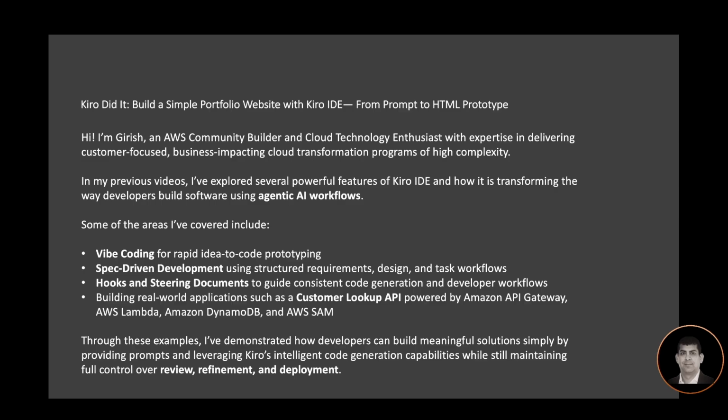Through these examples, I have demonstrated how developers can build meaningful solutions simply by providing prompts and leveraging Kiro intelligent code generation capability while still maintaining full control over review, refinement, and deployment.